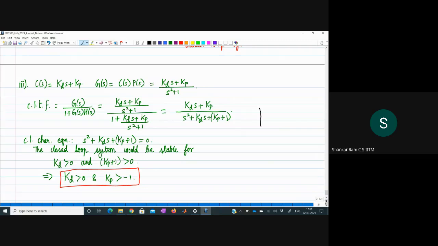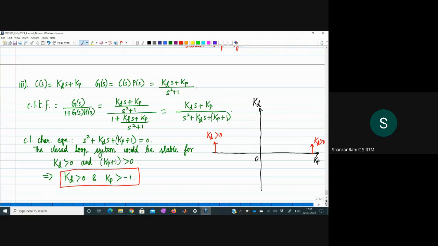So if we plot the controller parameter space, with KP and KD, KD greater than 0 is this region.